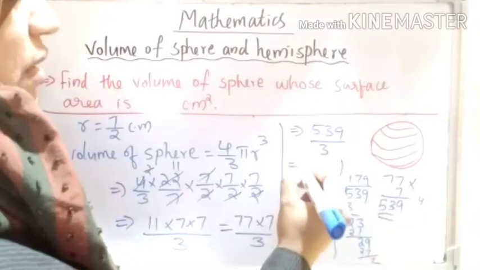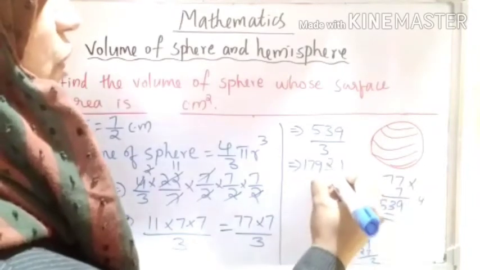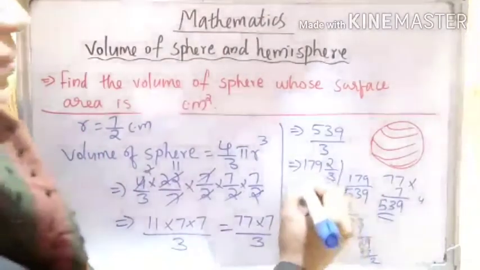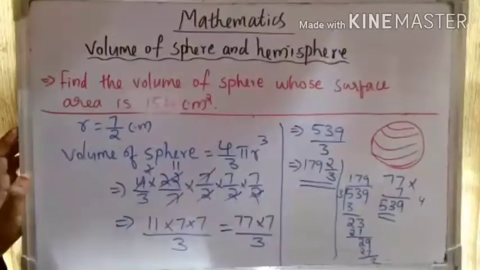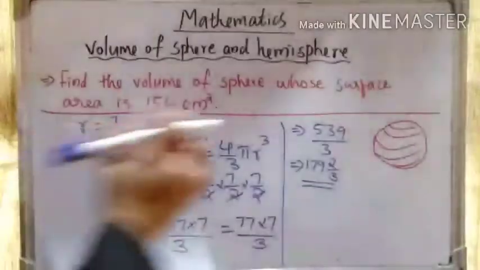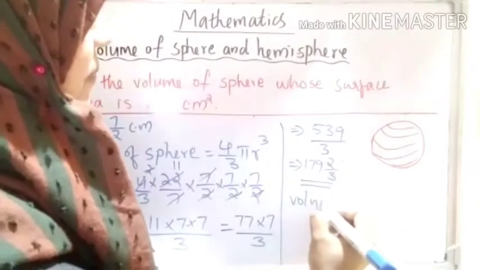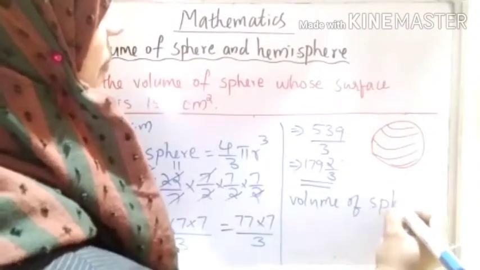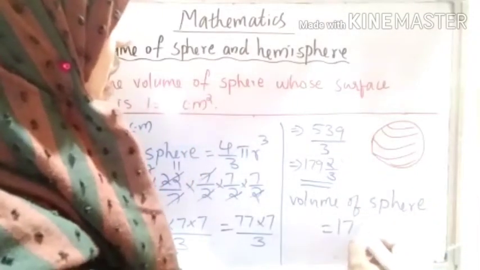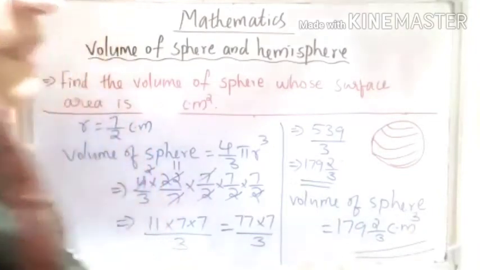That is 179 and 2 by 3 centimeter cube. Clear? So volume of sphere of surface area 154 centimeter square is equal to 179 2 by 3 centimeter cube. Clear?